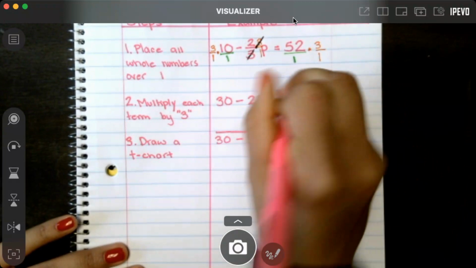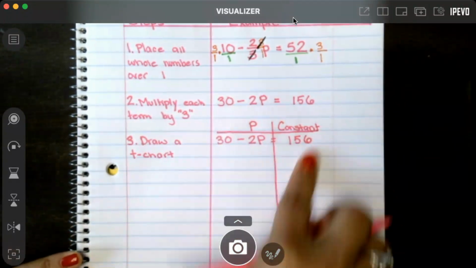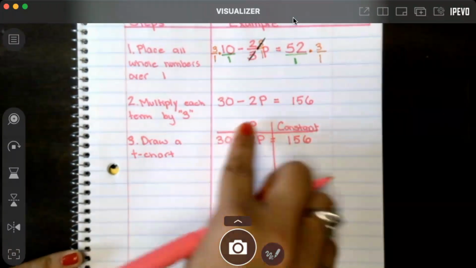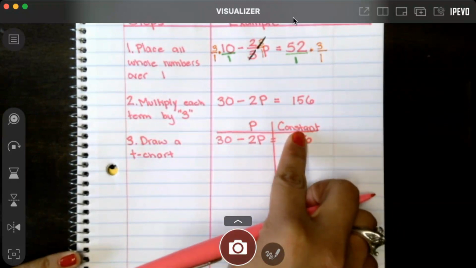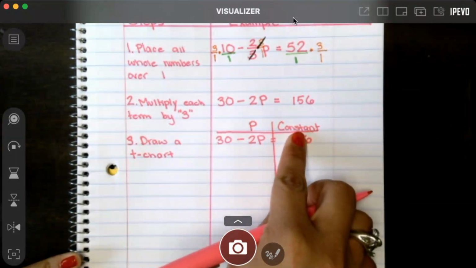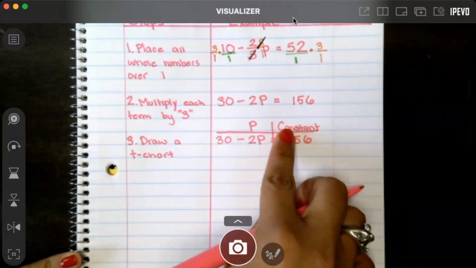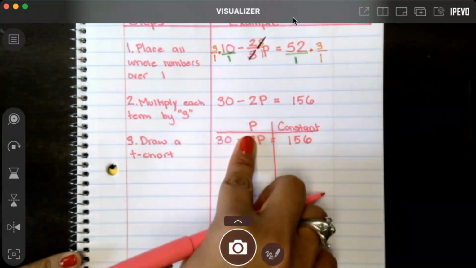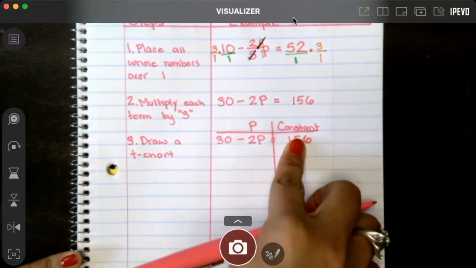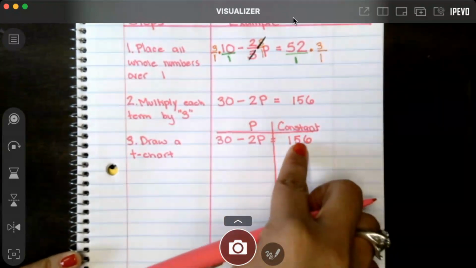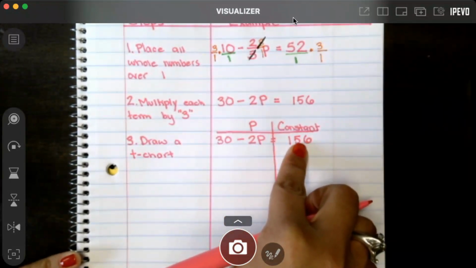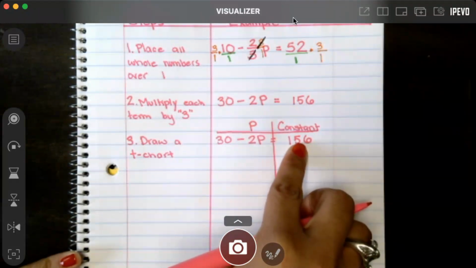Eventually, all I want to have left is a p and a constant. If you're not sure what a constant is, it's just a number without a variable. So this chart reminds me that at the end, I just want to have a p over here and a constant, just a number, over here on the right. So let's start thinking about what we need to do to make that happen.